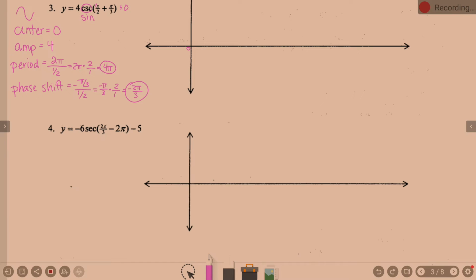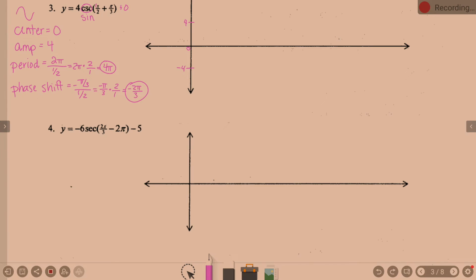Now, I don't know if I mentioned it in this class, but if you're doing an amplitude of 4, I wouldn't necessarily say you have to put in the 1, 2, 3, 4 tick marks. You can put in 1 tick mark and label those as 4 and -4. As long as they're labeled appropriately, you don't have to have 1, 2, 3, 4 tick marks. Does that make sense? Just make sure you label, of course.